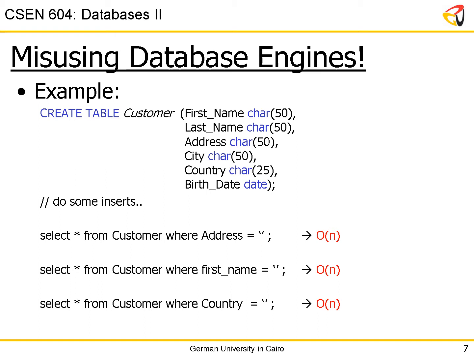And the same thing for the following two queries: select star from customer where first name equals something, or where country equals something. So we could easily imagine the code that will run for each of those queries.